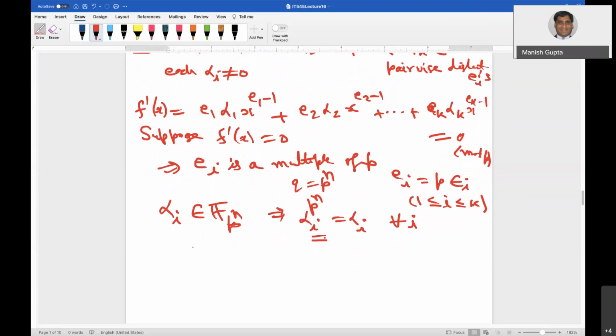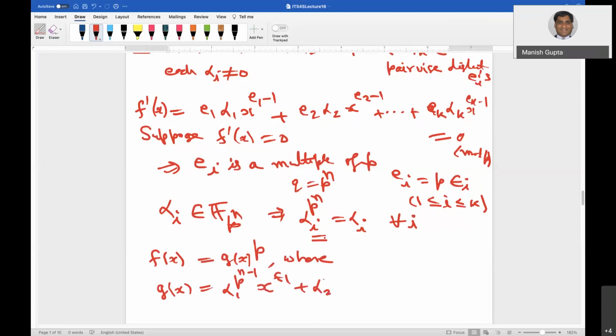So basically f(x) can be written as g(x) raised to power p, where g(x) is nothing but alpha 1 raised to power p^(n-1) x^epsilon 1 plus alpha 2 raised to power p^(n-1) x^epsilon 2 plus dot dot dot alpha k raised to power p^(n-1) x^epsilon k.